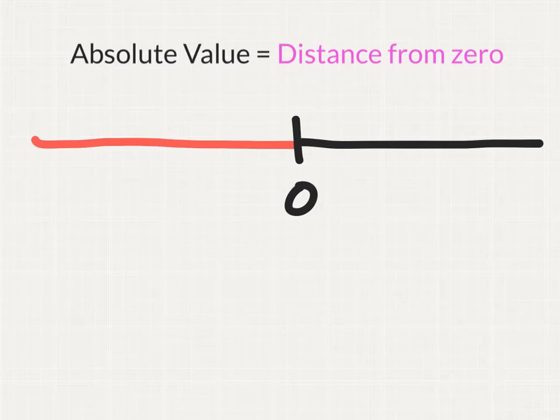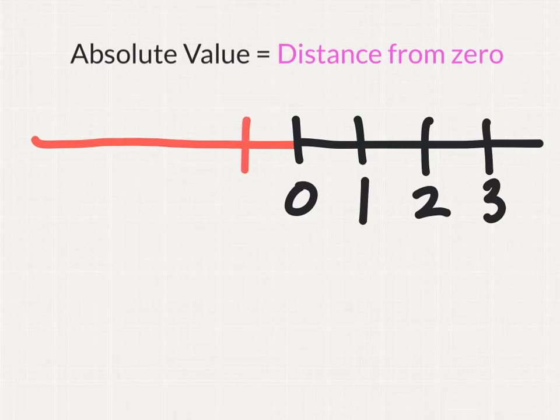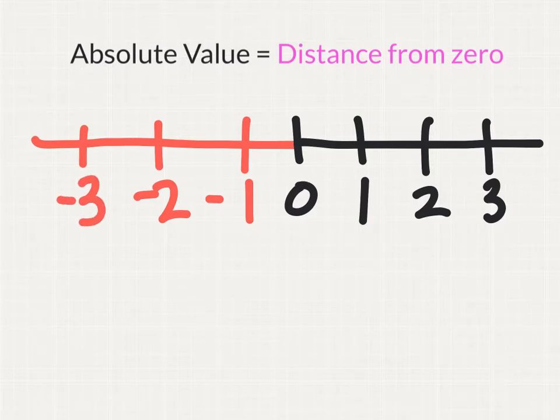We know that the numbers to the right of zero are positive, and we know the numbers to the left of zero are negative. If I wanted to find the distance from zero to the integer -3, I would begin at 0, and I would move one step to -1, a second step to -2, and finally a third step to -3.